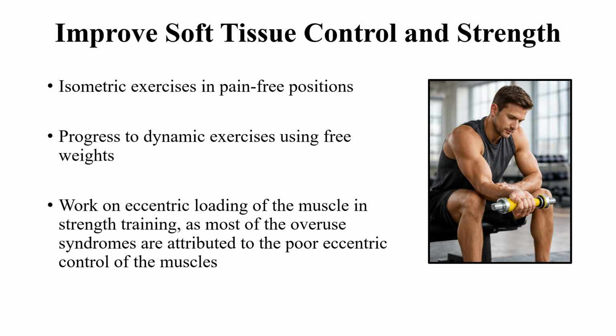And you have to make sure that, because these are eccentric injuries basically, because you have loaded the muscle eccentrically multiple times with repetitive movements, your strength training not only does a good concentric training, but also a good amount of eccentric training on the muscles.